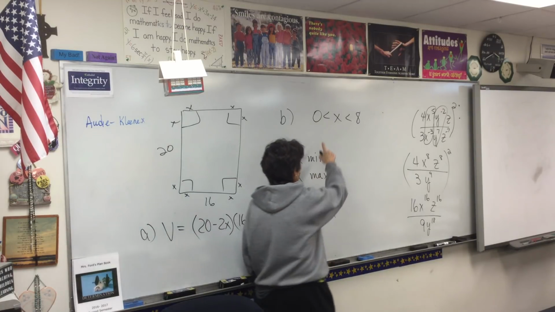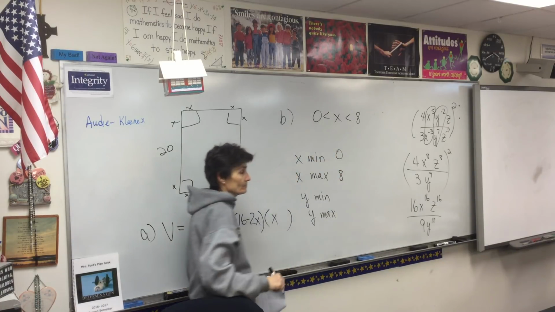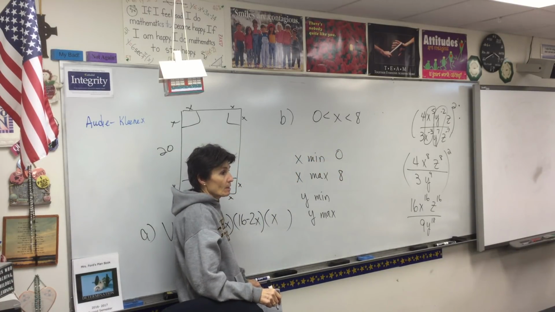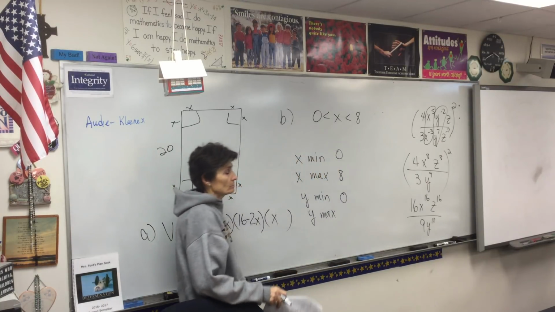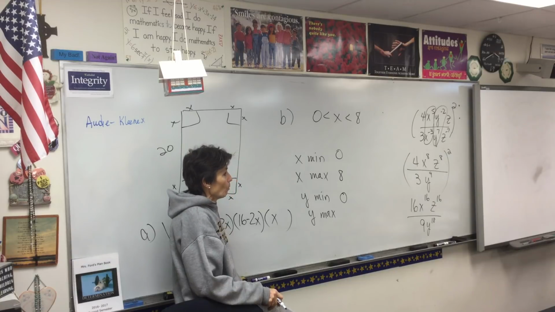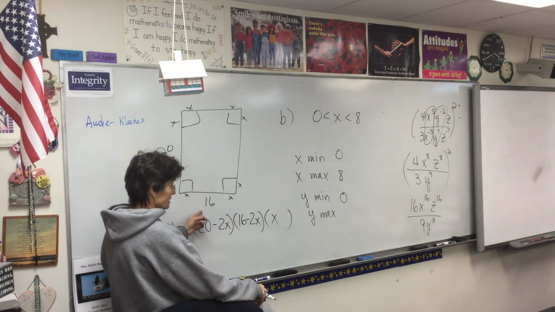So the good news is you've already written down X min and X max. It's already written down. Y min is always 0. What do we do for Y max? We pick a number. I'm looking over here. This is a pretty big piece of paper.